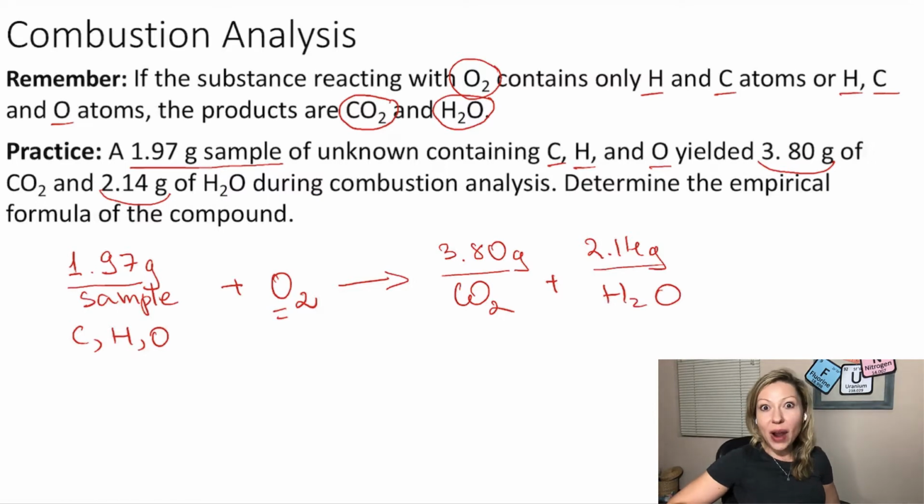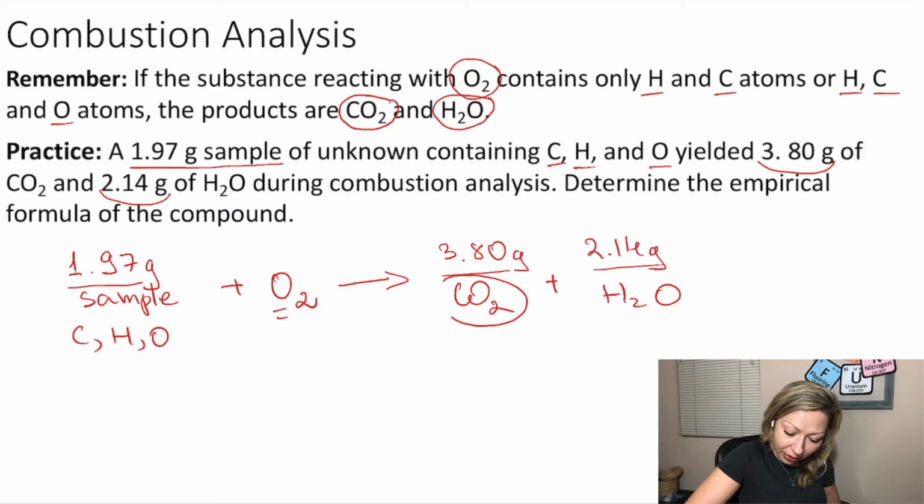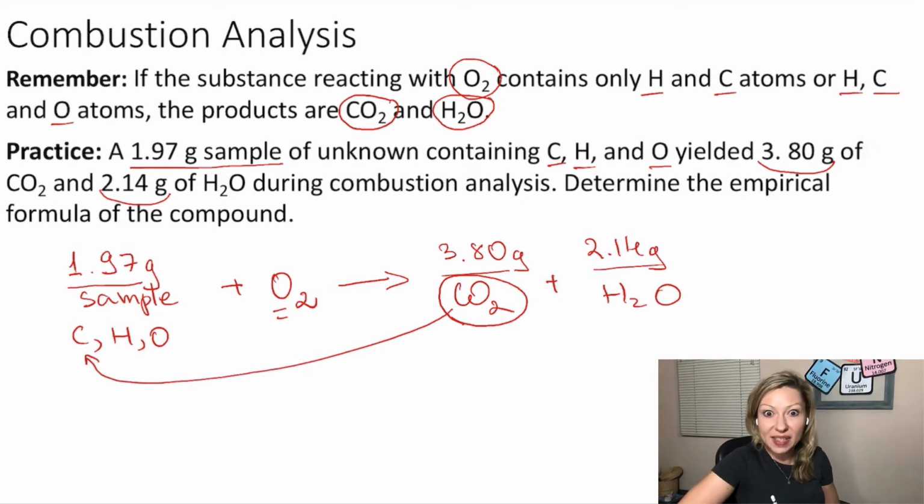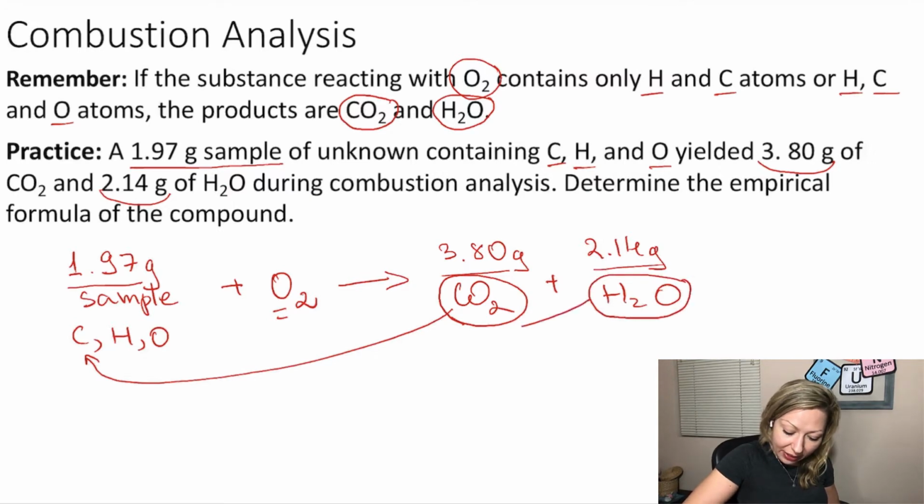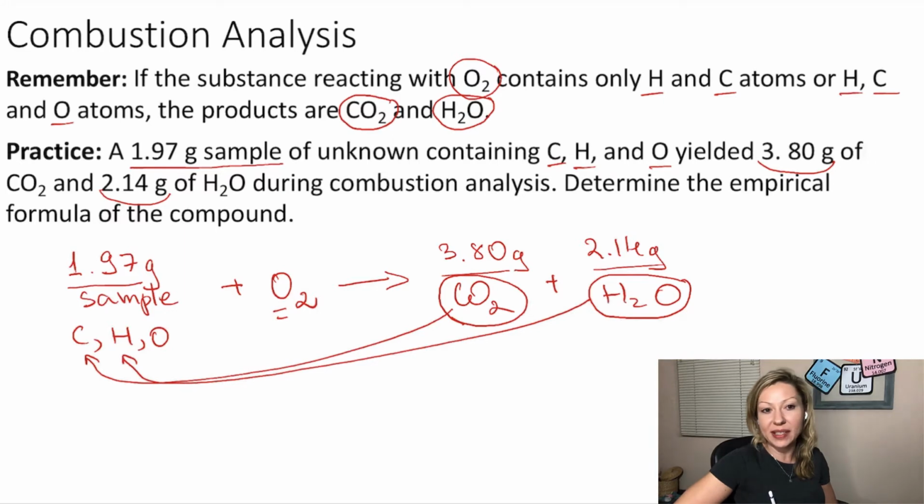But how do I figure out the mass of carbon and hydrogen first? Well, if I know the amount of CO2, I can calculate the moles of CO2, and from there, I can calculate the grams of carbon in my sample. I can do the same thing for water and calculate the grams of hydrogen in my sample.